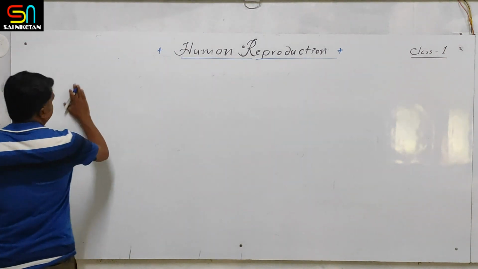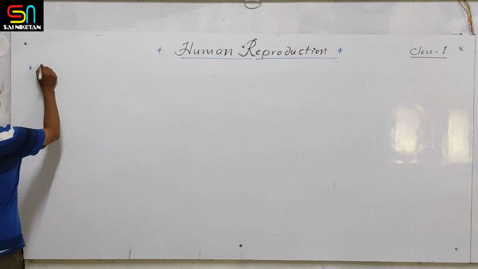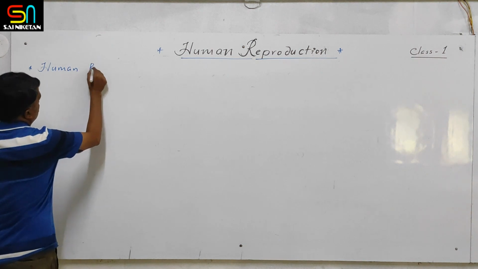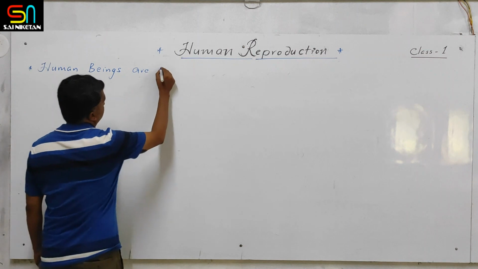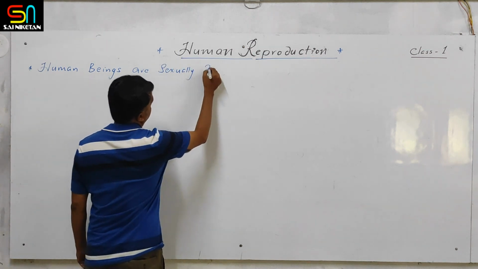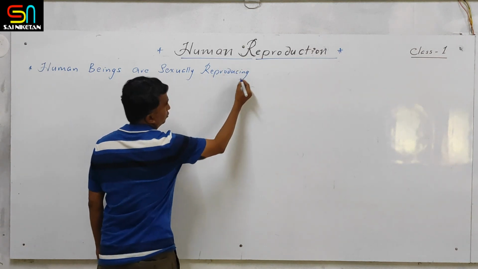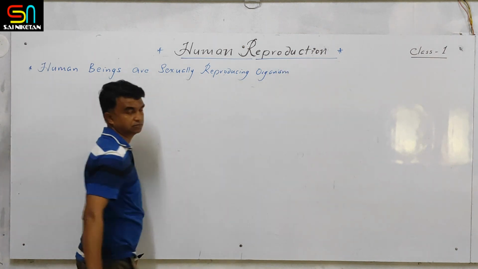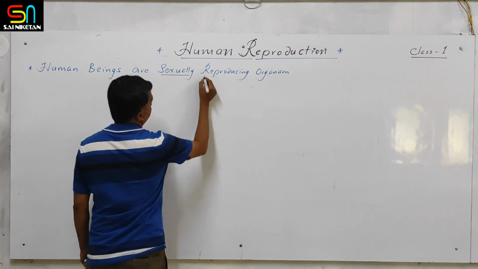So first point, human beings are sexually reproducing organisms. So they reproduce sexually.